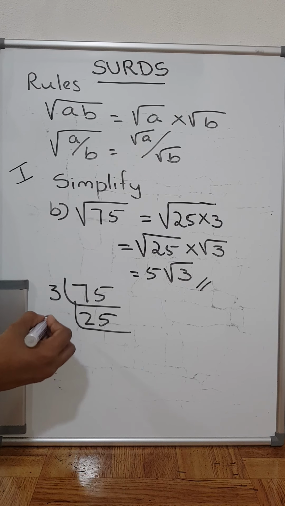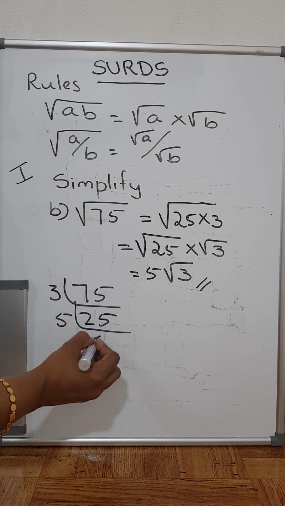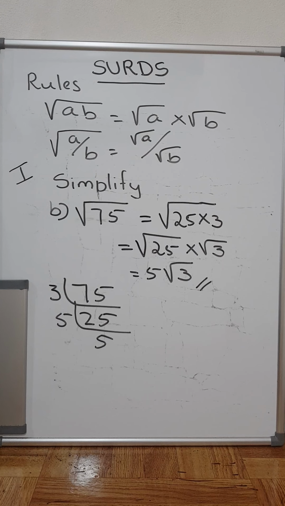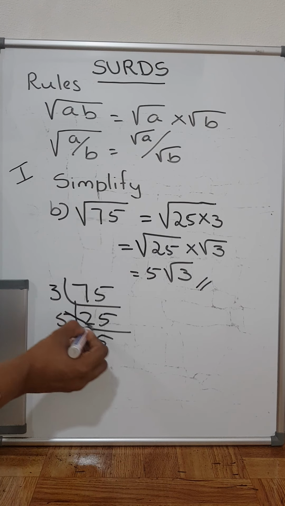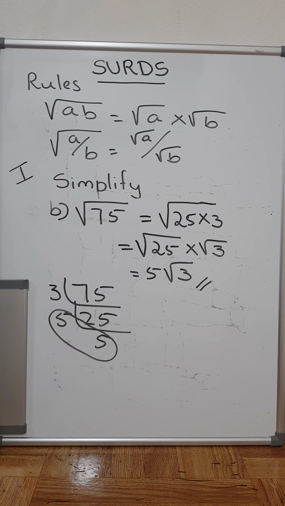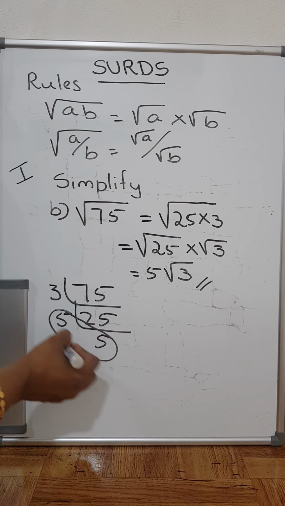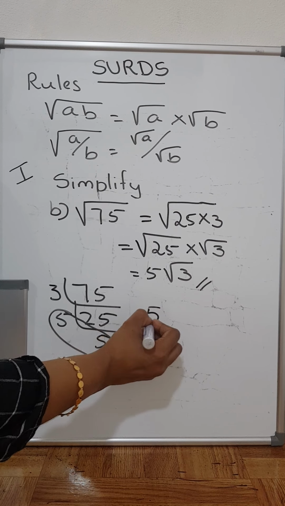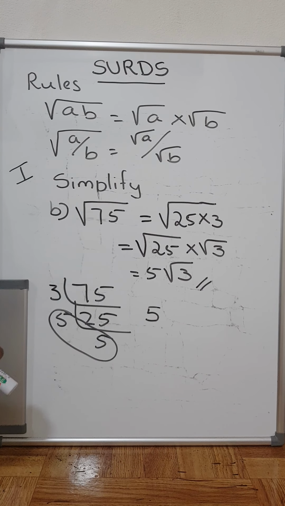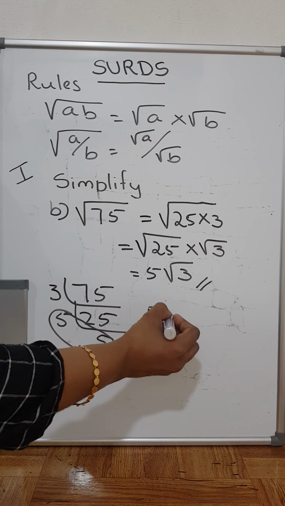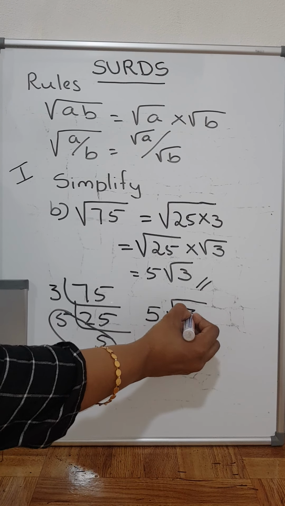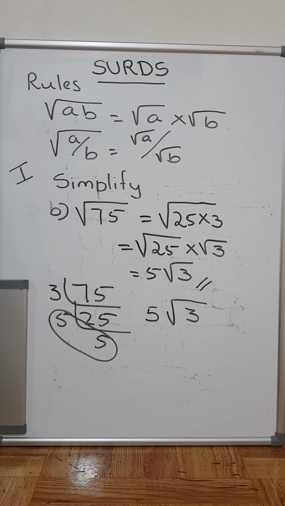Now we can divide by 5. Now you see, we can make a pair of 5s and 3 is single. So you see, from the pair take one member out and place outside the root. The single one place inside the root. 5 root 3.